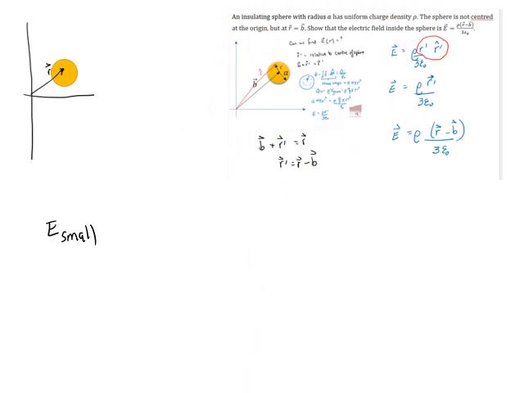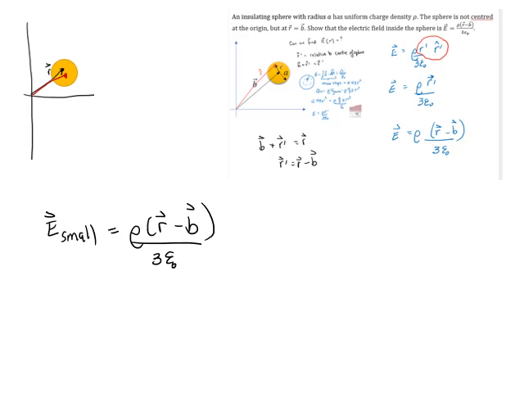So vector b gave us the distance to the center relative to the origin, and vector r was from the origin to where we wanted to find the electric field. This is exactly what we did in this problem back here. So we've got exactly the same result. The electric field of the small sphere is density times r minus b divided by 3 times epsilon naught.